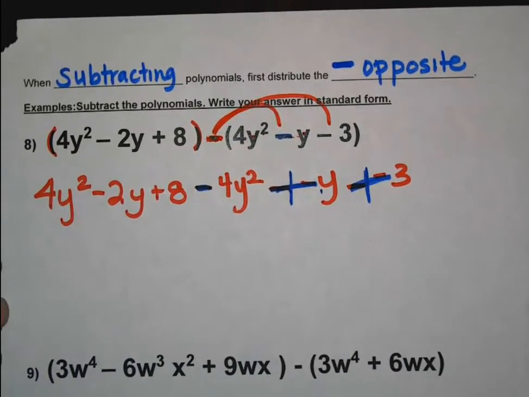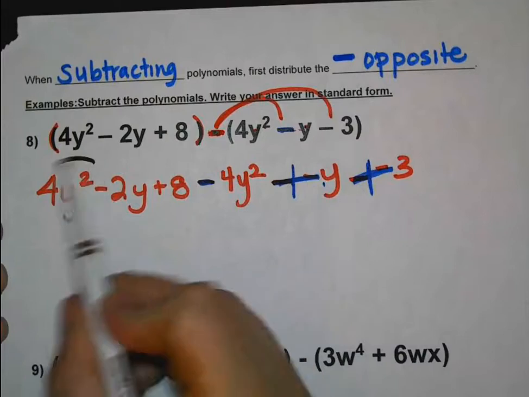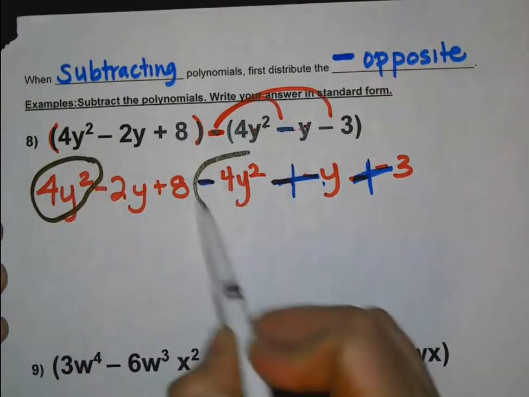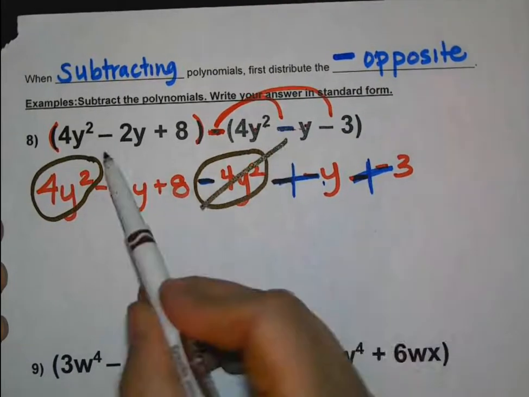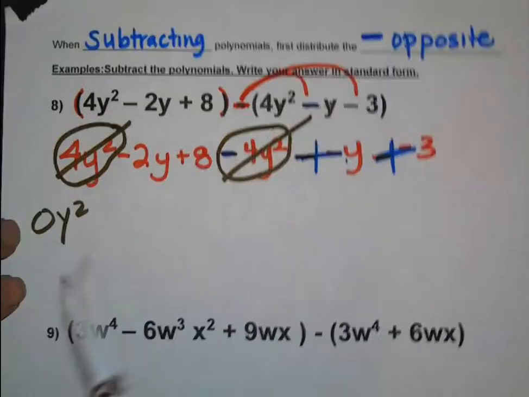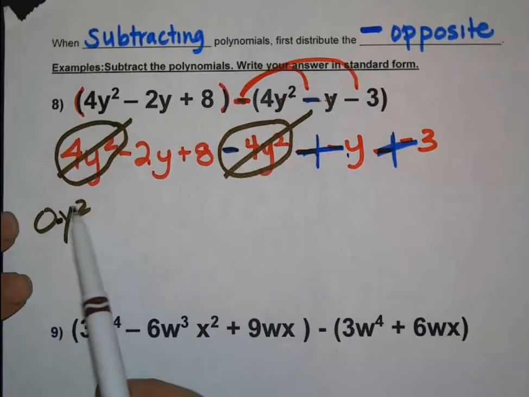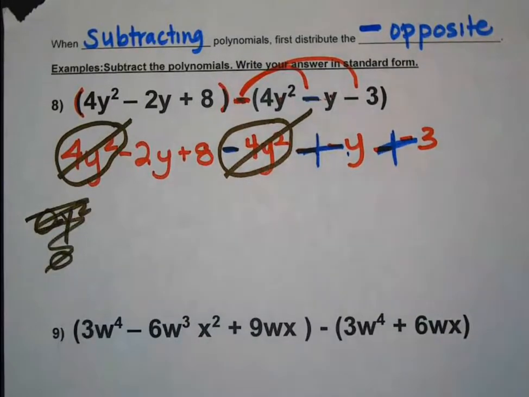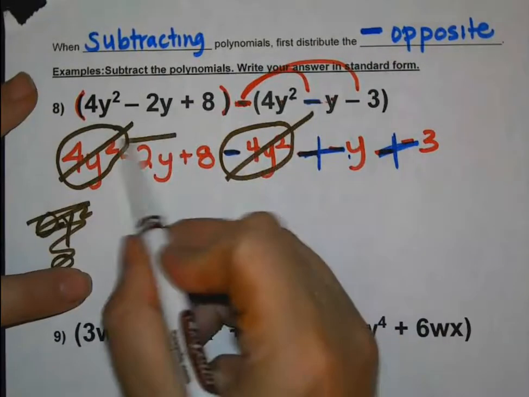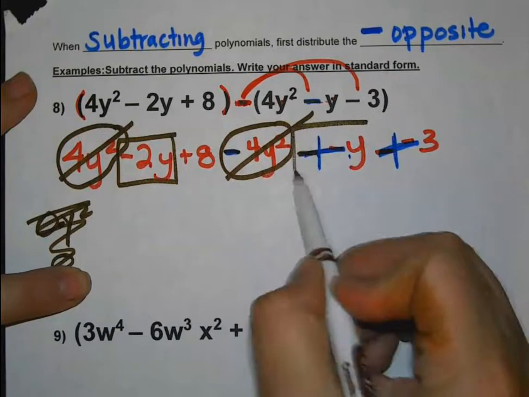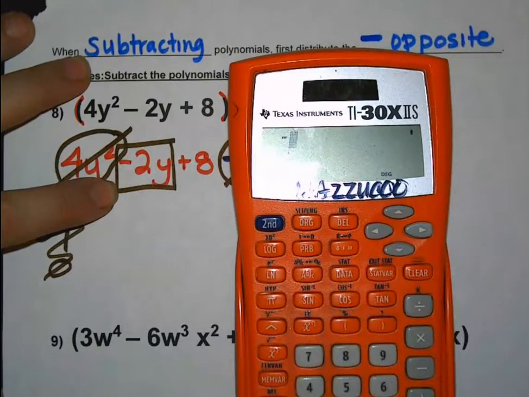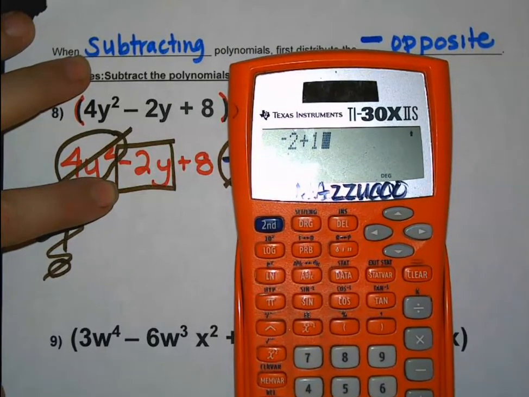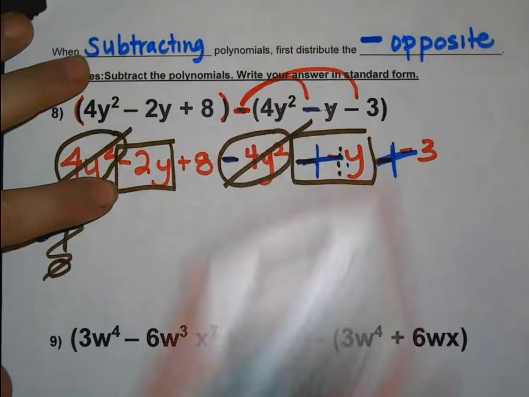And then now we can combine like terms. So we have a 4y squared with another y squared term. Well, 4 minus 4, that's 0y squared. But we don't write that down because 0 times anything is just 0. So there's nothing there, in other words. And then we have a -2y and a positive 1y. So -2 plus 1 is -1.